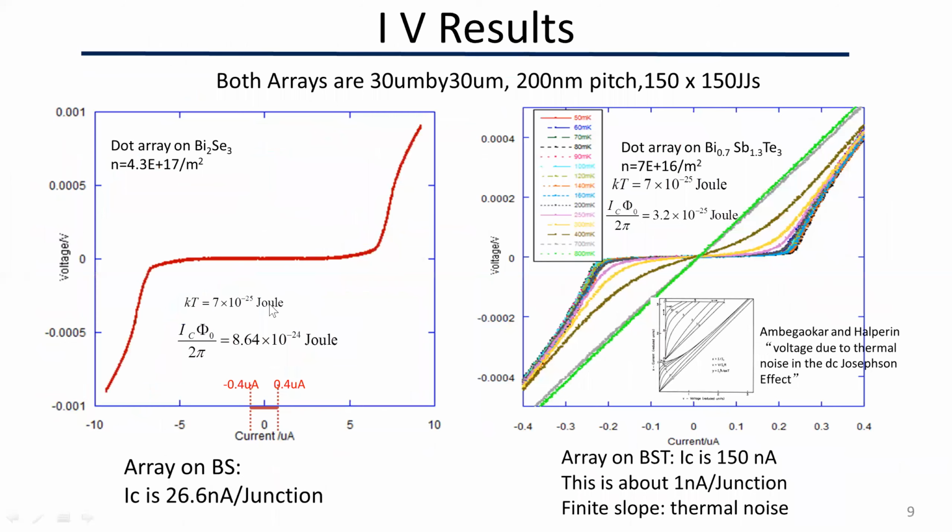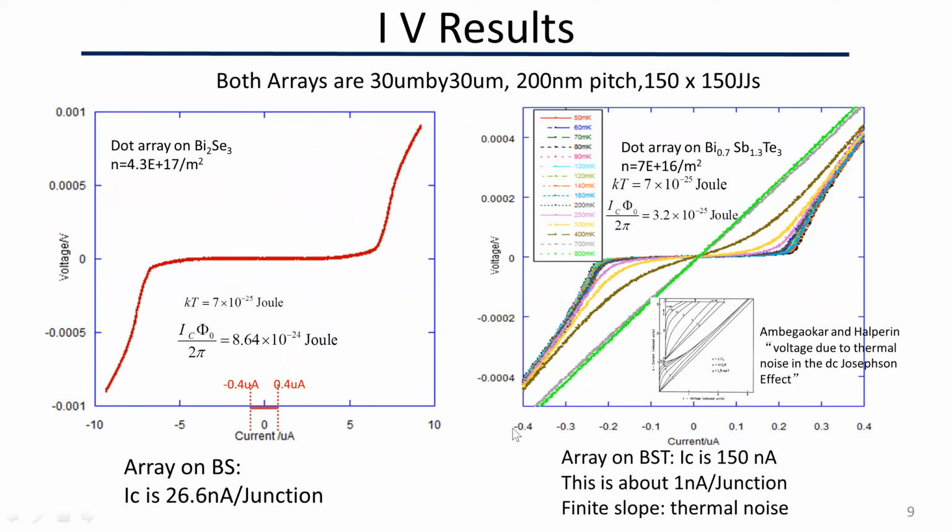Here is the IV results of the array on bismuth selenide and the array on bismuth antimony telluride. In bismuth selenide, the critical current is much larger than in bismuth antimony telluride.